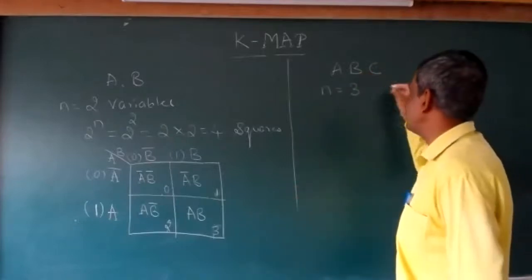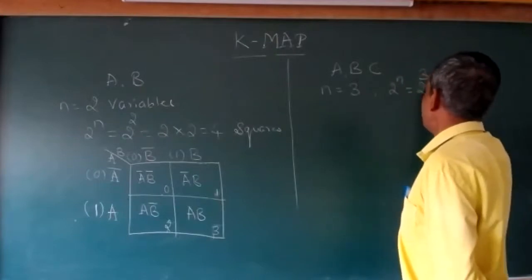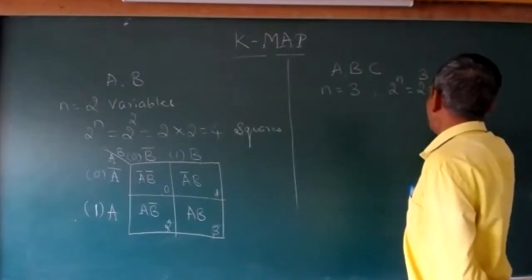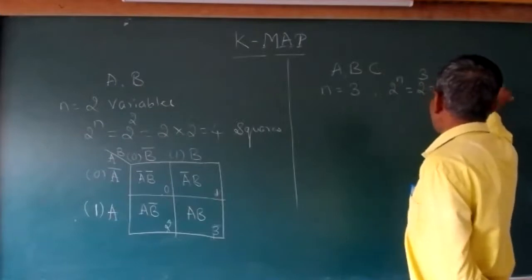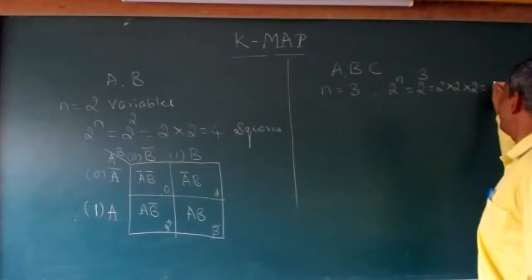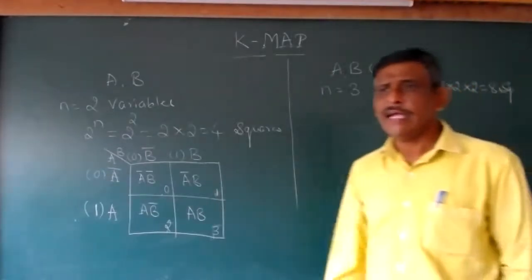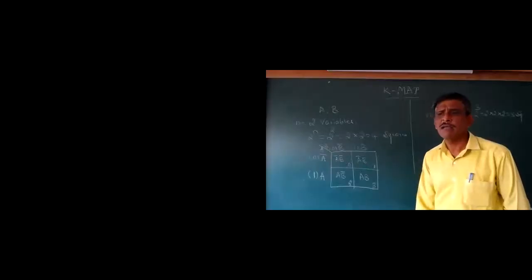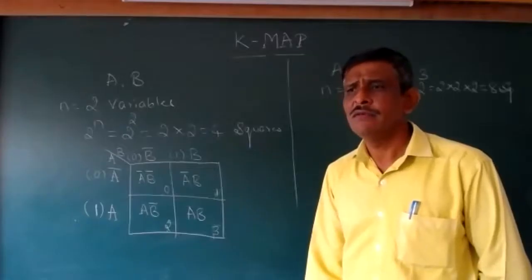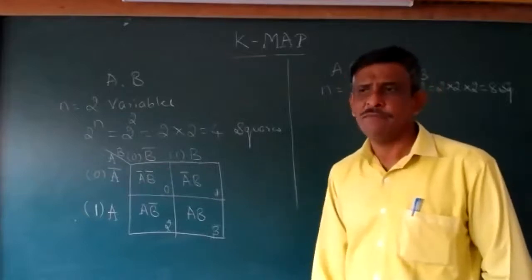Then substitute that in the general form 2 power n, that is equal to 2 cube, that is equal to 2 into 2 into 2, that is 2 to the 4, 4 to the 8. So 8 squares are required to represent this K-map.